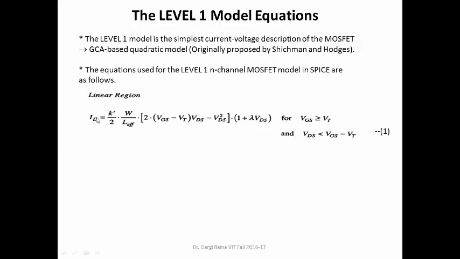First, the drain current in the linear region is given by K prime by 2 into W by LF, where W is the width of the channel and L is the effective channel length, into twice of (Vgs minus Vt) into Vds minus Vds square, times the channel length modulation term (1 plus lambda Vds), where lambda is the channel length modulation parameter.